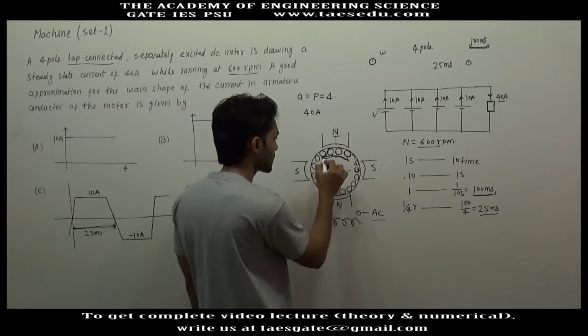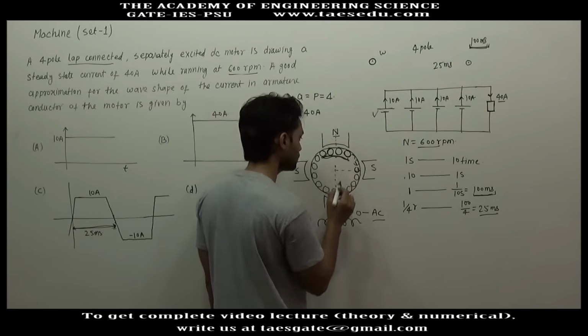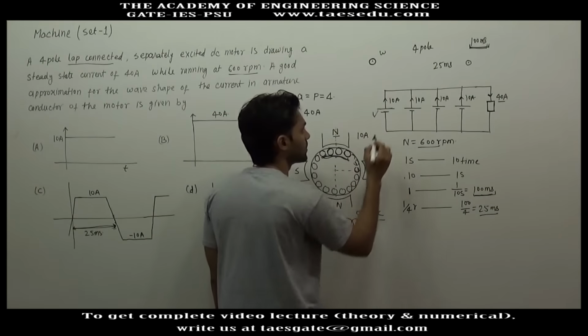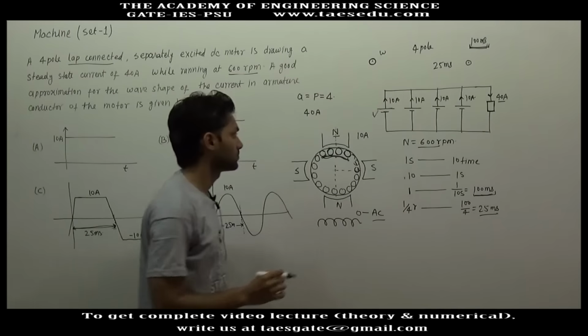Okay, but if these conductors are connected in series, the current in each conductor will be 10 ampere. This 10 ampere has to be constant.